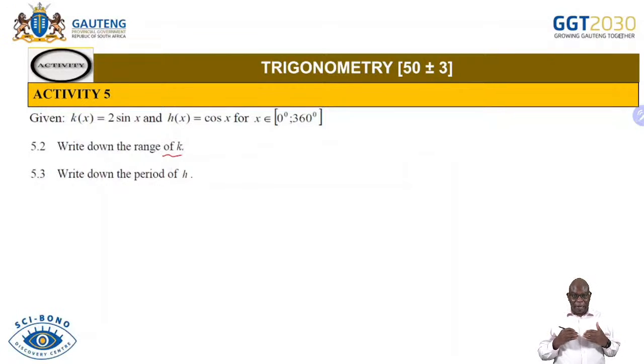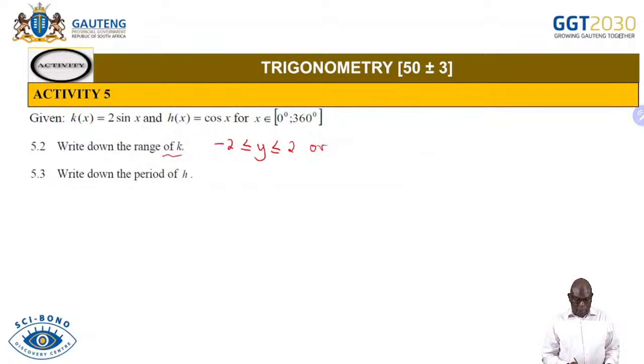But the range will be how high and how low. So range, we are talking about the y value. How high it will be at 2, how low it will be at -2. So that's how we write it. Okay, make sure that you write down the correct notation.